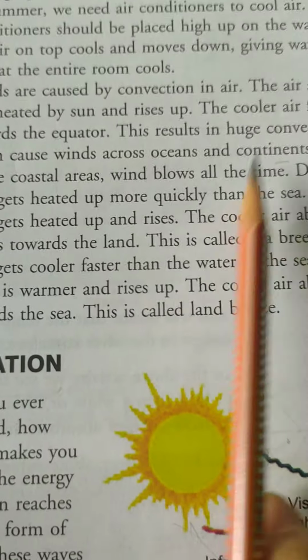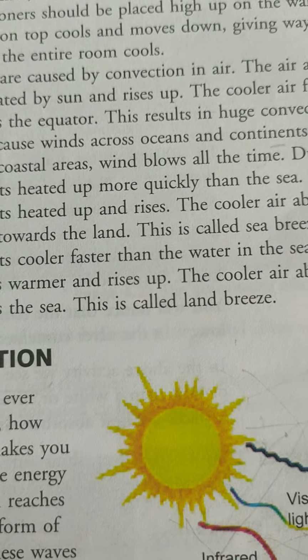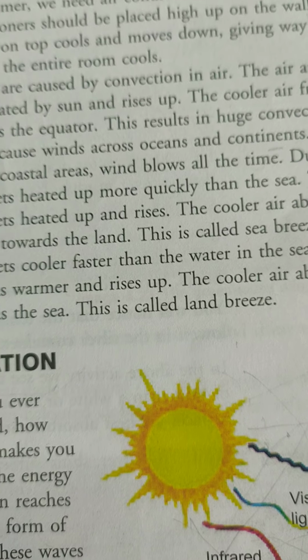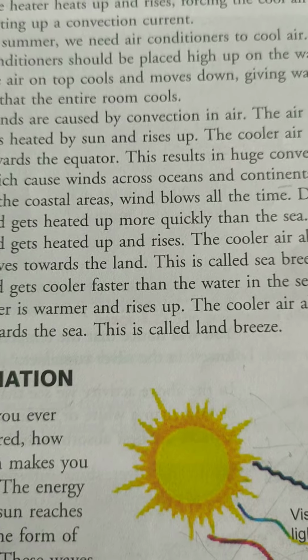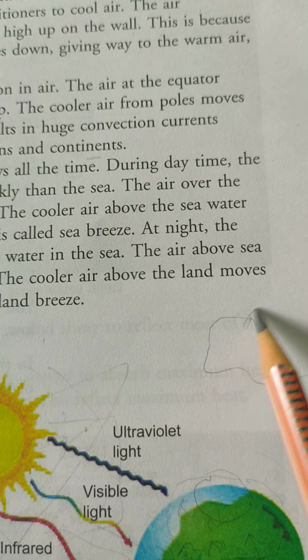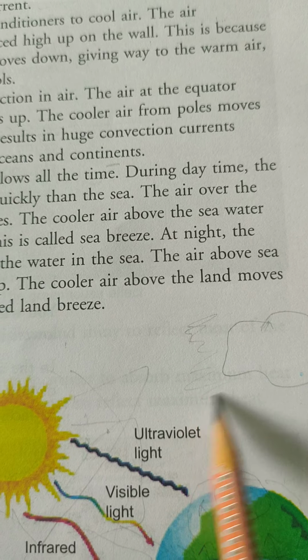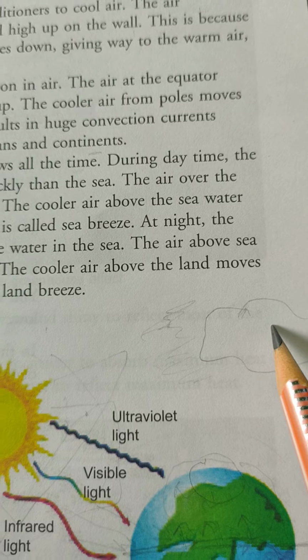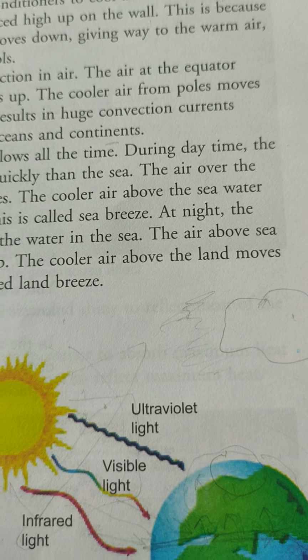Now next is the coastal area. If you go to the coastal area or the beaches, you find that there is a continuous wind blowing. Why is that? Because if there is a sea and there is land, the land will get heated faster as compared to the sea, because the sea is very large.